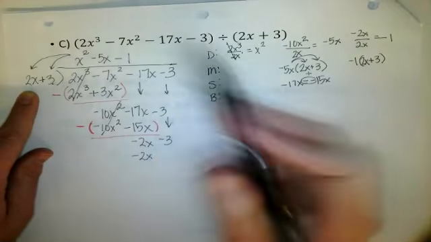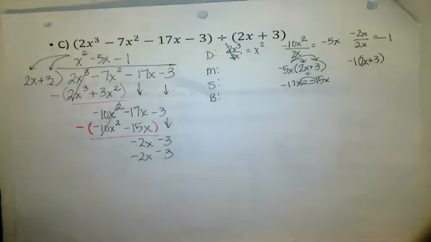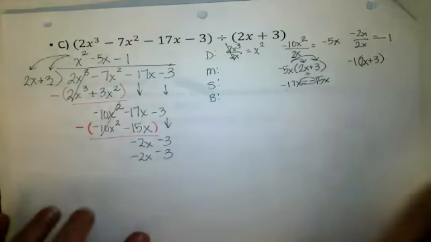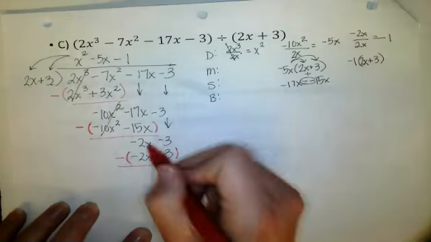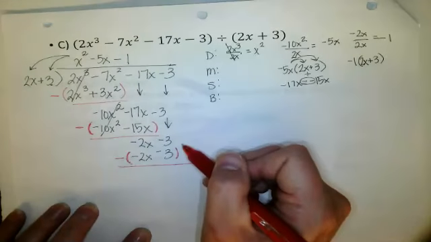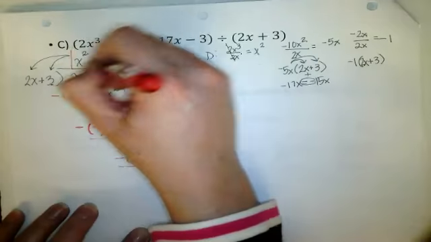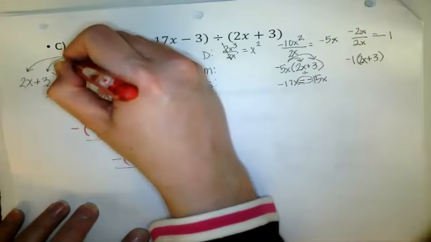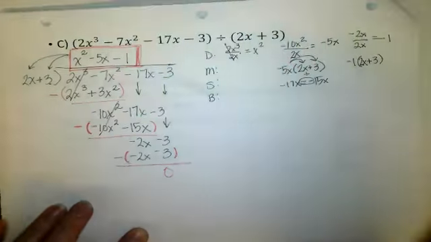Negative 1 times 3 is negative 3. What's next? Subtract everything. And what happens here? 0. Yes, we get a remainder of 0, which means I don't need to write remainder over divisor because it's just 0. So there we go. There's our final answer. Divided evenly, remainder 0.